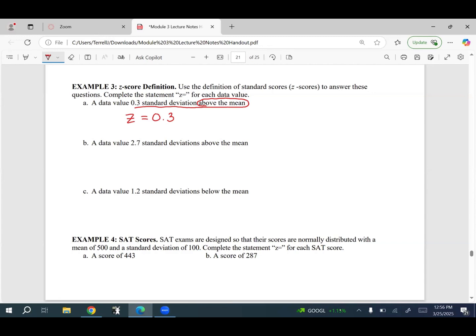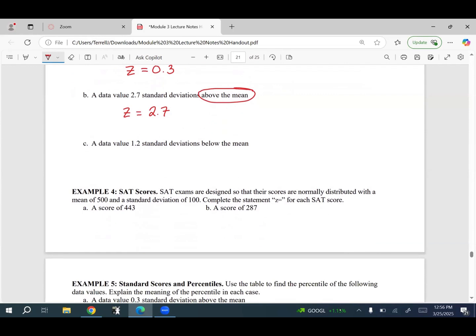A data value 2.7 standard deviations above the mean. The z-score is how many standard deviations away you are. We're 2.7 standard deviations away. We are also above the mean, meaning to the right of the mean. So our z-score would be positive. A data value 1.2 standard deviations below the mean.